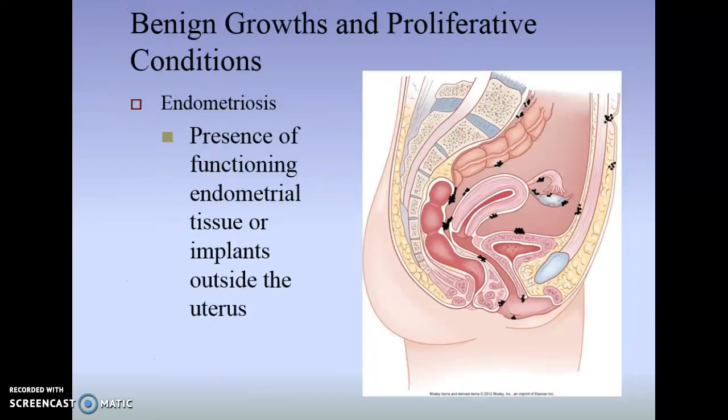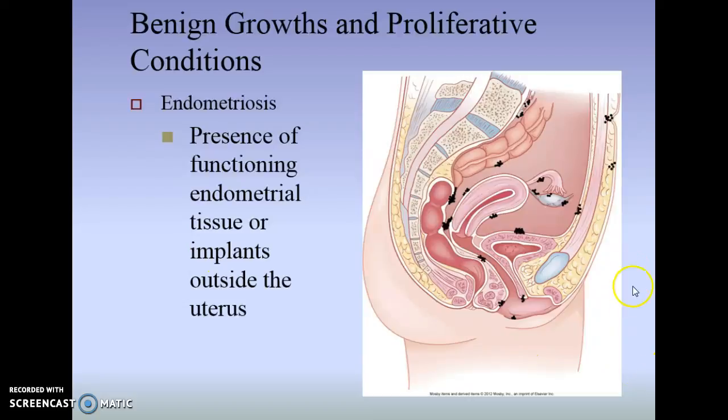Alright, and then the next condition is going to be endometriosis. This is figure 33-14. Endometriosis is the presence of functioning endometrial tissue outside of the uterus, sometimes referred to as implants.